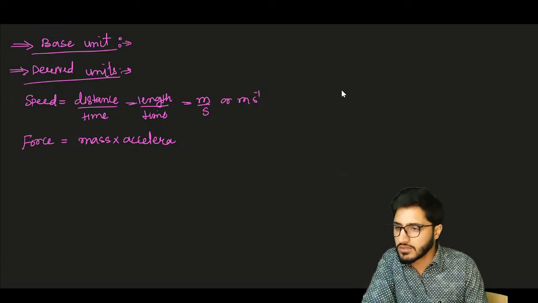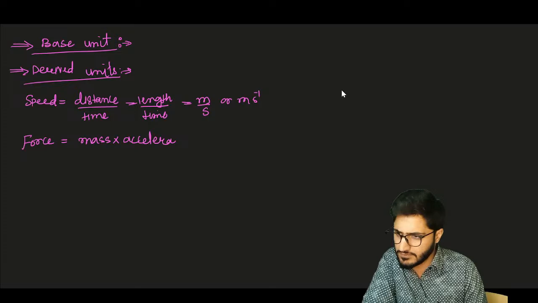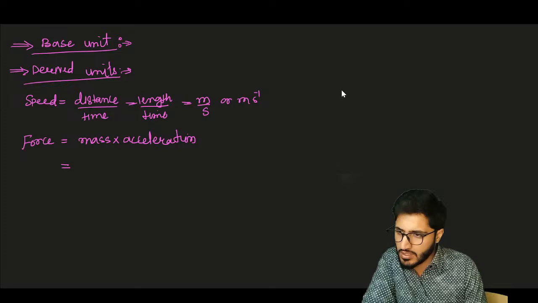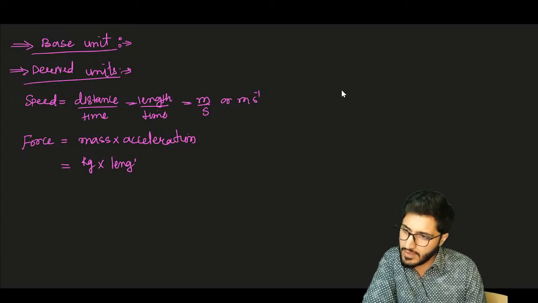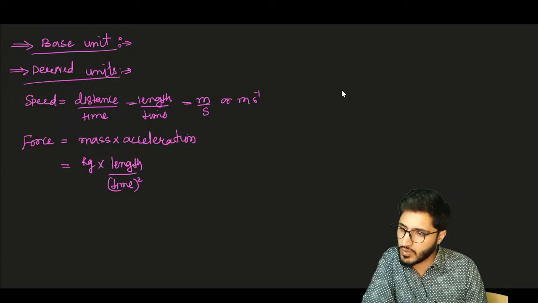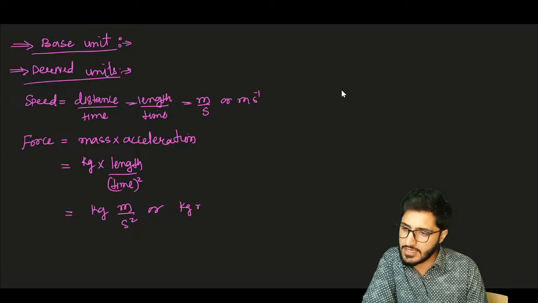Now look, it is mass into acceleration. Mass is kg. Acceleration is what? We discussed it, it was length divided by time square. So I can write it as kilogram meter per second square or kg m s minus 2.